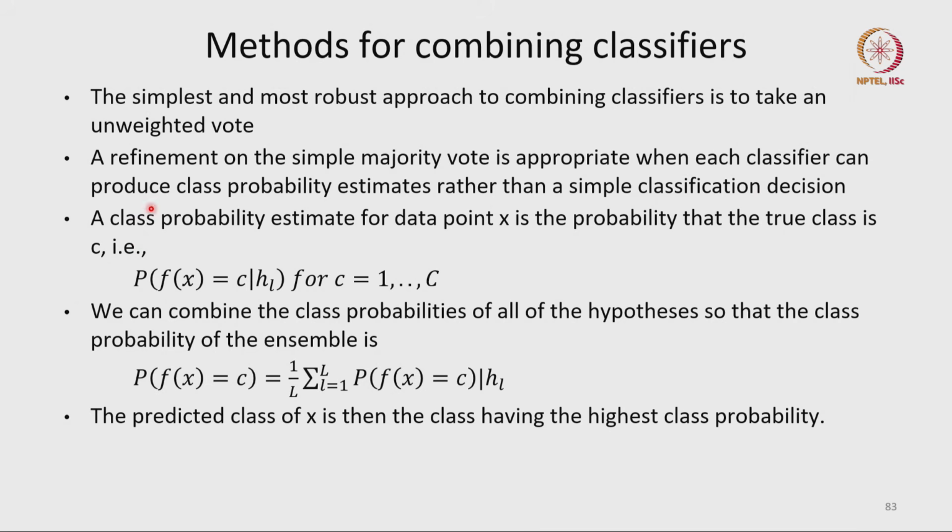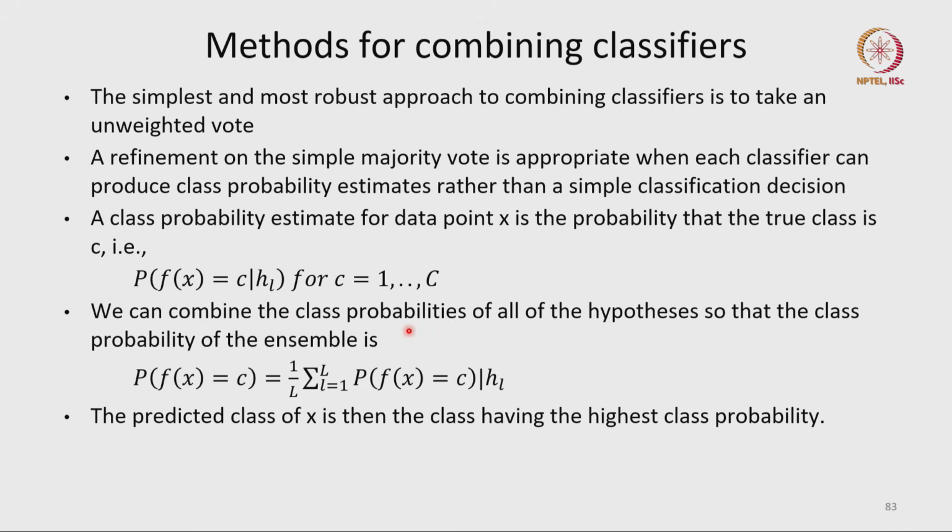So, you get P of f of x equal to C, in other words that pattern x belongs to C given some particular hypothesis. Okay. So, these are the values that you will have for a pattern x, for every class C, right.